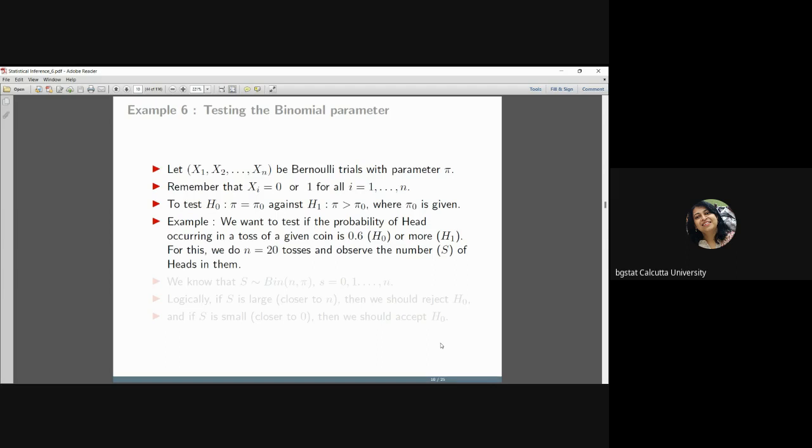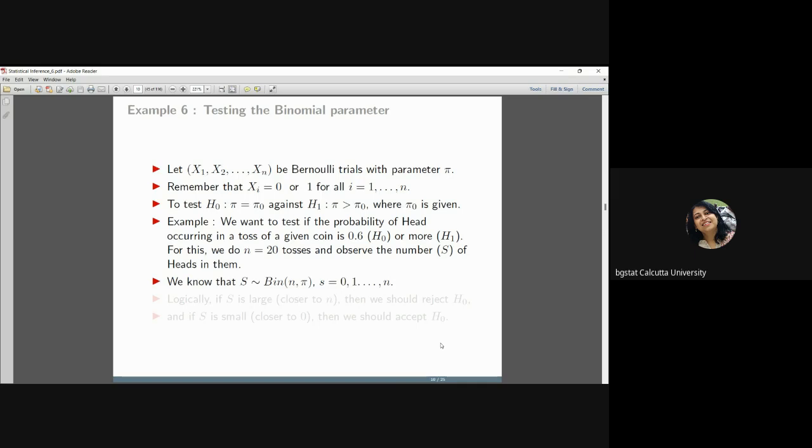For tossing a coin, the two outcomes would be heads or tails. Let's suppose that head is a success and the probability of this is pi. So each xi is measured as either 0 or 1, where 1 denotes a success. I want to test H naught pi equal to pi naught against the alternative that pi is greater than pi naught.